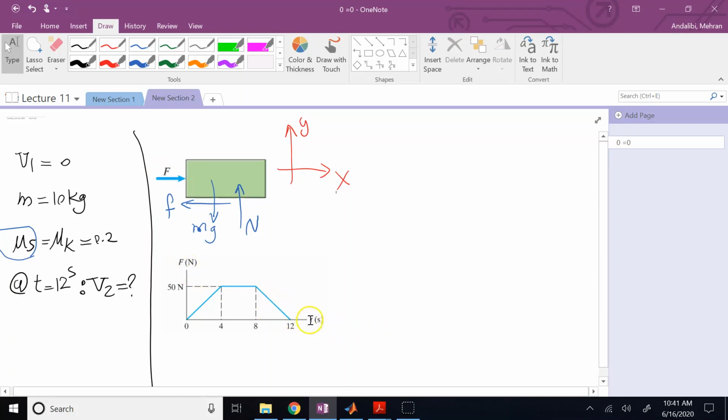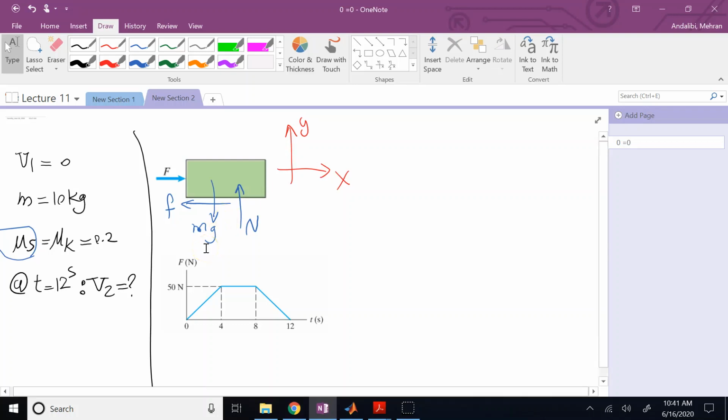Since F is a function of time, then acceleration will be a function of time, which is okay. And then if you want to calculate the change in velocity, you have to integrate acceleration a of t versus time, which is kind of what we are doing here. So it's not the case that acceleration is constant. Acceleration is time varying.